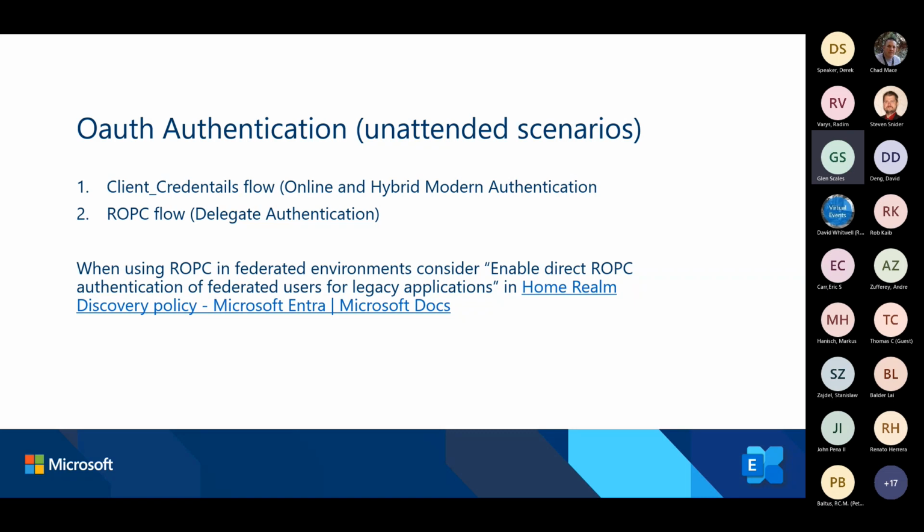I've included a link on this page that goes through enabling direct ROPC authentication to bypass those federation issues. Unfortunately for ISVs, this means forcing a configuration on your customers who may or may not like that. So ROPC is generally one to avoid if you can, because it means you have to handle the customer's credentials as well, username and password, which tends to be less secure and less favorable.